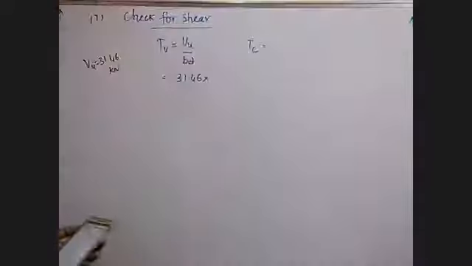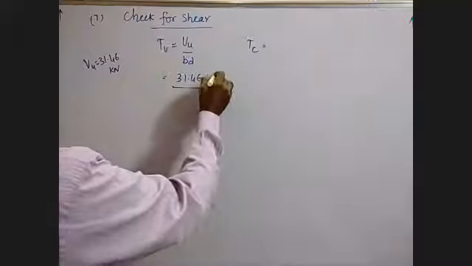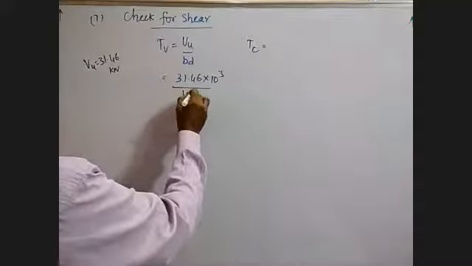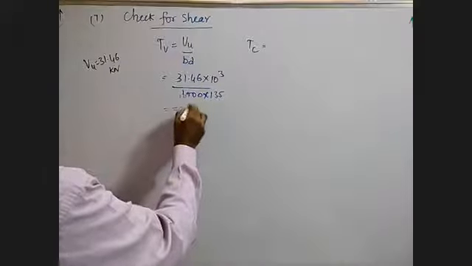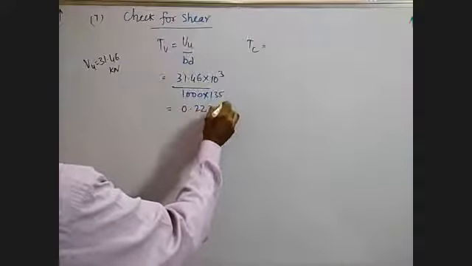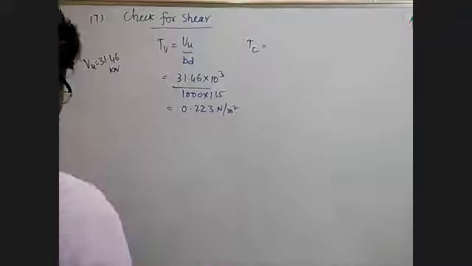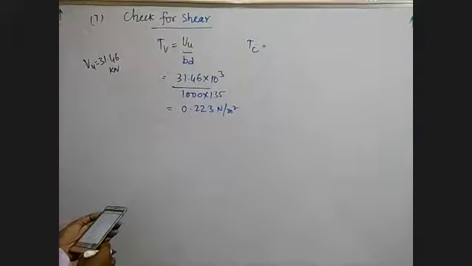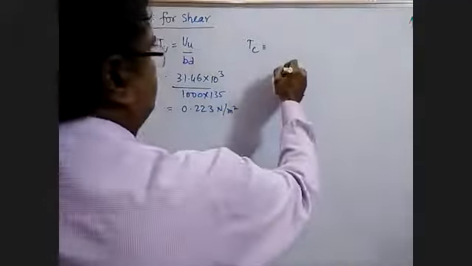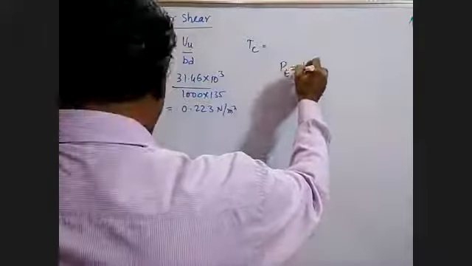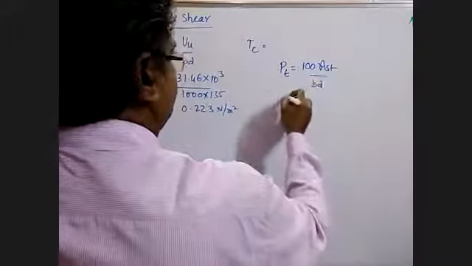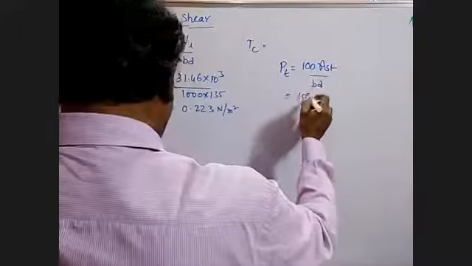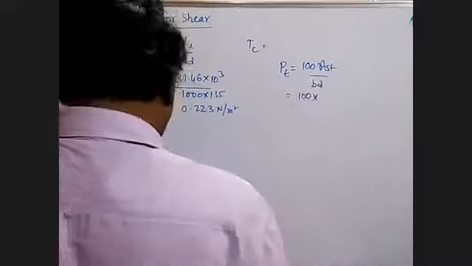Okay. Now B value is 1000 and D is 135. It comes to 0.223 Newton per mm square. Now we have to calculate the tau C value here. For tau C we have to calculate the PT value, PT is 100 AST by BD.